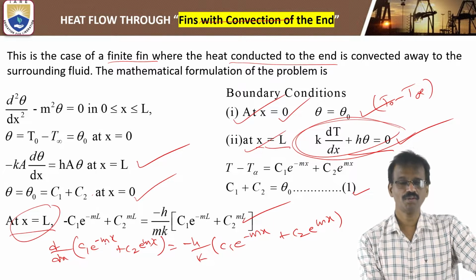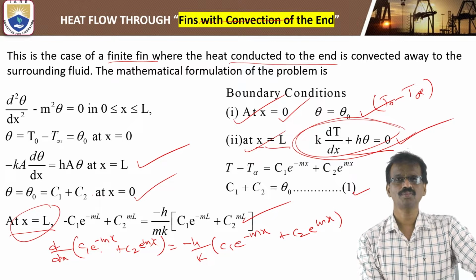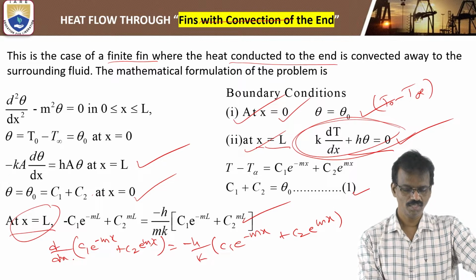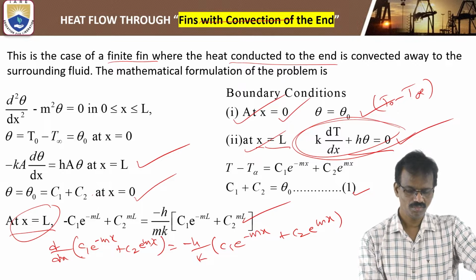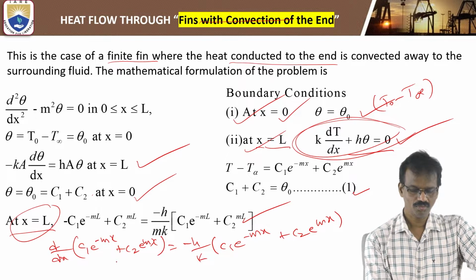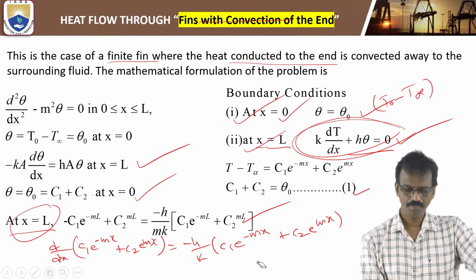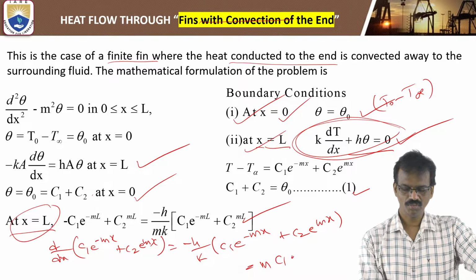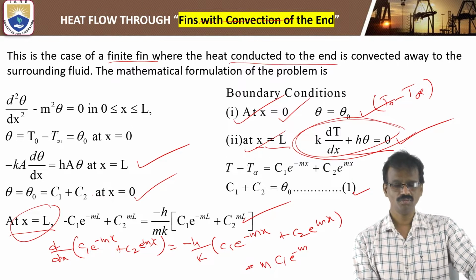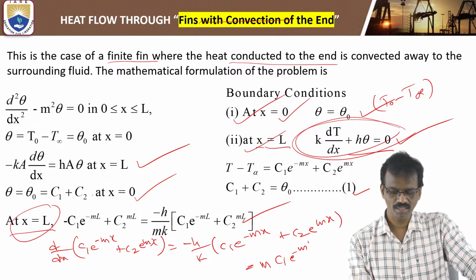So c1 e to the power of minus mx: the derivative of e to the power of minus mx gives minus m, so minus m c1 e to the power of minus mx, and in place of x you write the L value.